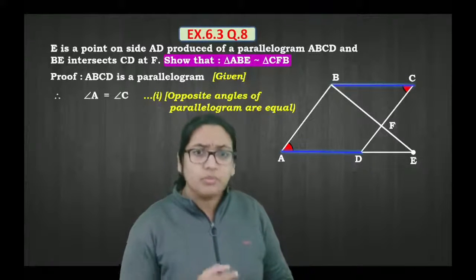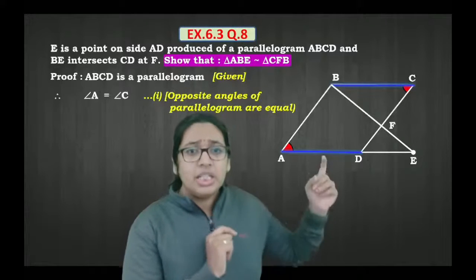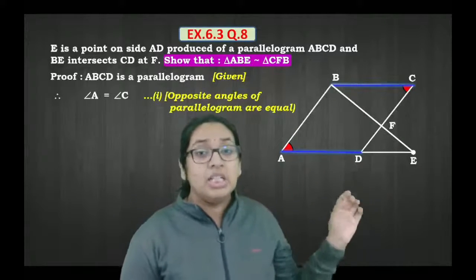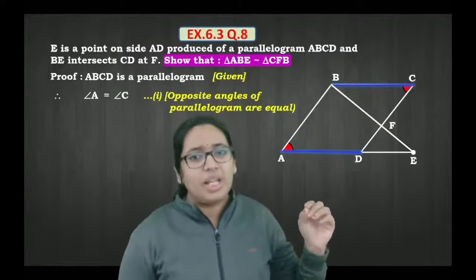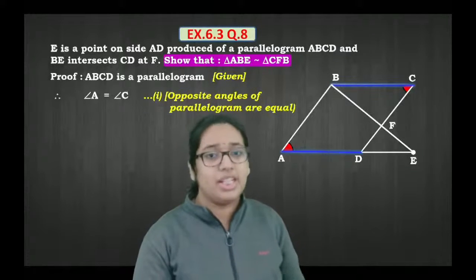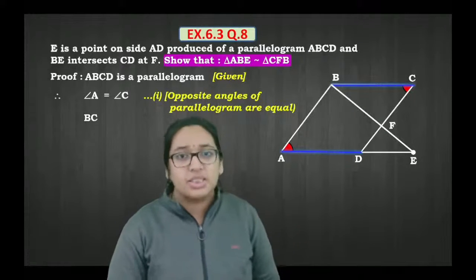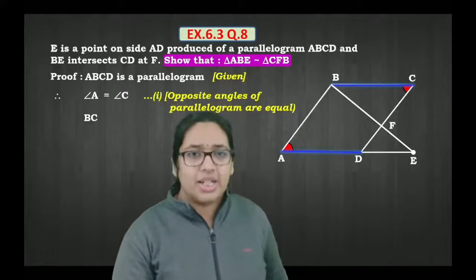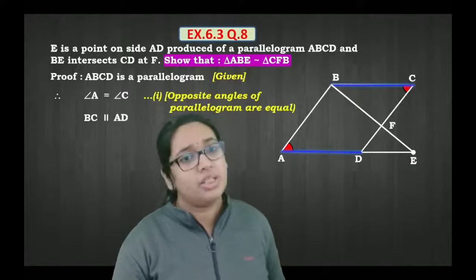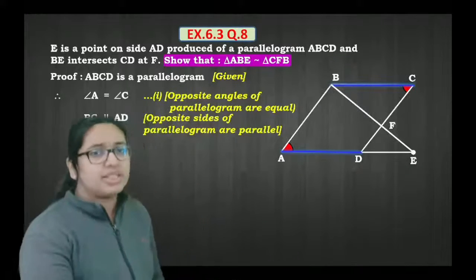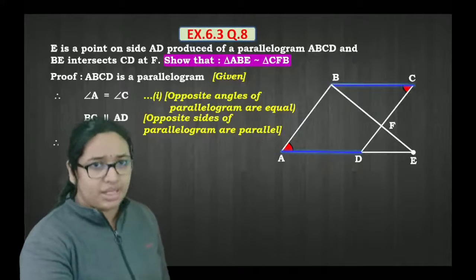Okay. And as we have done here, E is nothing but a point on side AD. So AD is the same as AE, right? Because A, D, E are collinear points. So we can say that BC is parallel to AD, right? Again, opposite sides of a parallelogram are parallel.